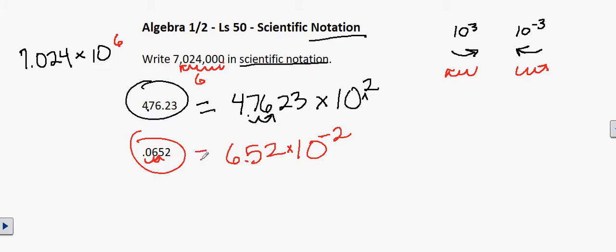How can we check that we've done it the right way here? By putting it in your calculator. Type 6 decimal 5 2 times 10 to the caret negative second, and it'll come out the way it was originally.